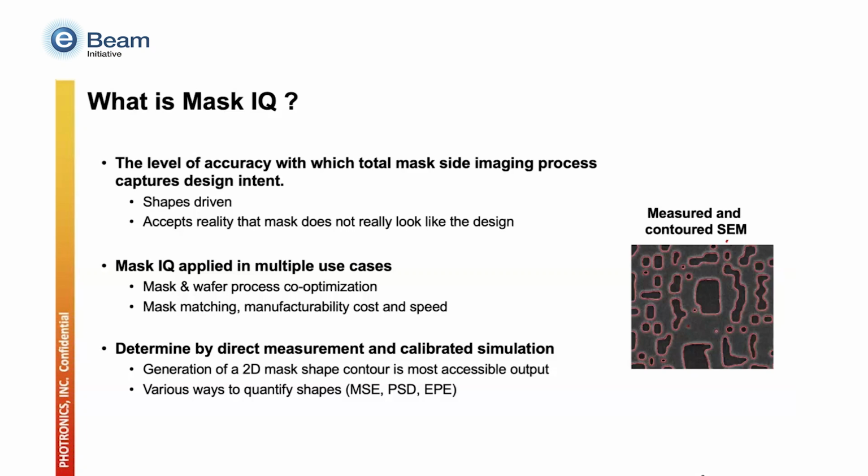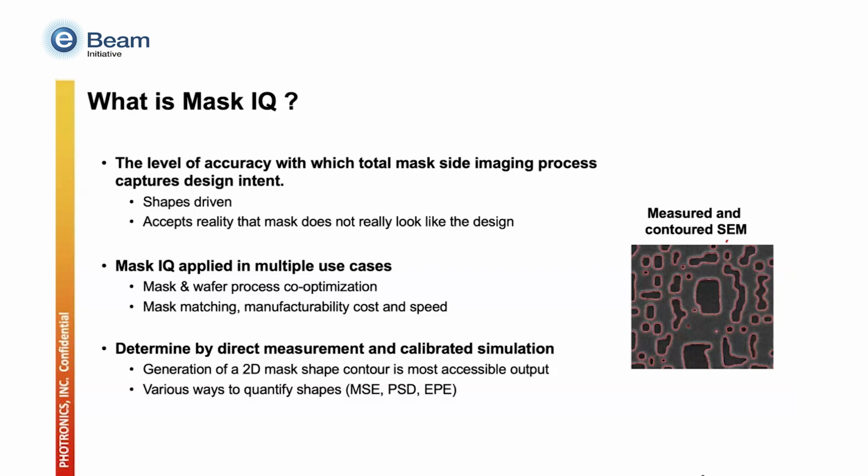You measure it, at least for the purposes of this talk. It's determined by direct measurement. We're going to use the 2D contour of the shape, as you see on the right in red around the mask features, as the defining characteristic of mask image quality. And if you have a calibrated model, you can also, of course, generate mask contours or mask image quality using calibrated simulation.